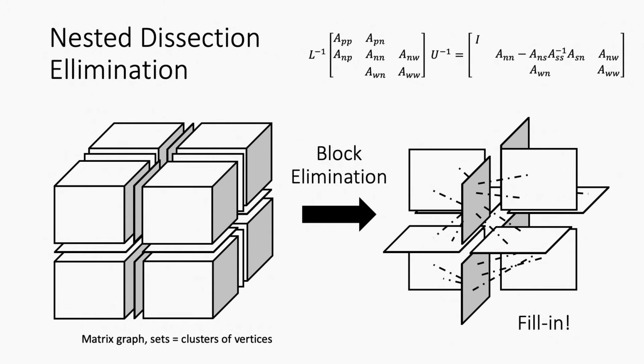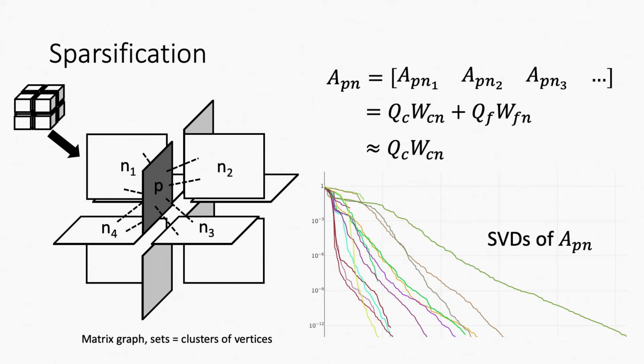So what we propose to do is take that fill-in and approximate it with some low-rank approximation. If you consider this piece here of this larger separator, we call it an interface. You take all its edges to all its neighbors, and you do a low-rank approximation. Because this is fill-in, the low-rank approximation makes sense. If it wasn't fill-in, typically it doesn't work.